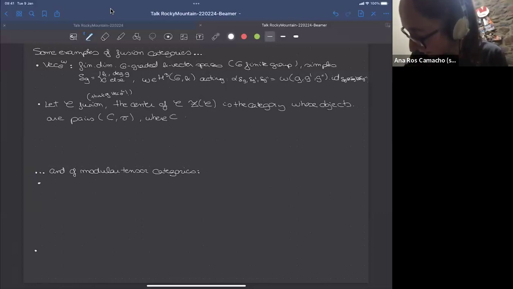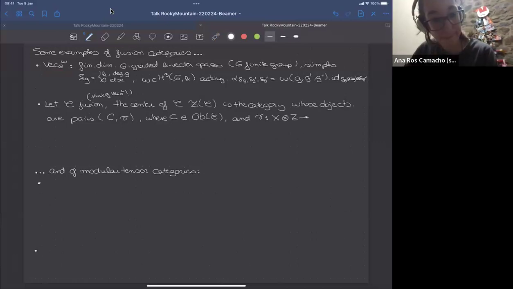The C is an object in my original category, so it could be something in here. And this gamma here is a natural isomorphism.